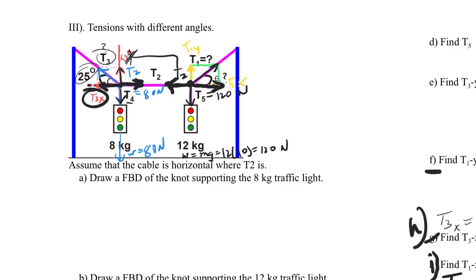No, T3x. T2 equals T3x. So therefore, we can conclude that T1x is equal to T2, which is equal to T3x, which we already found.